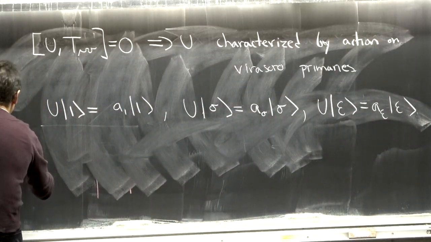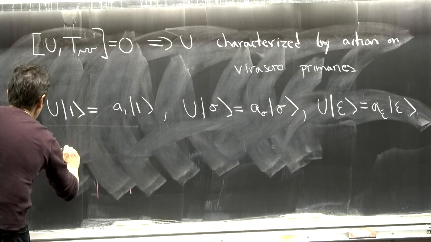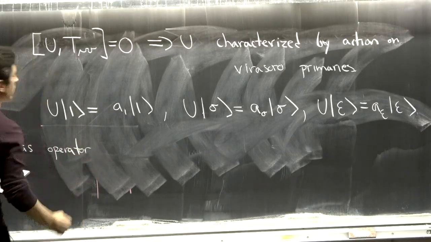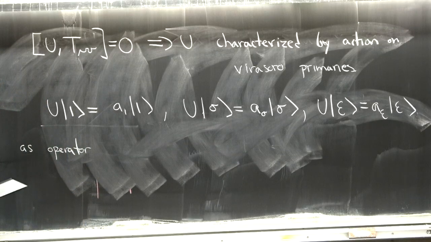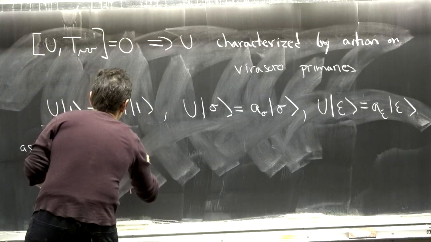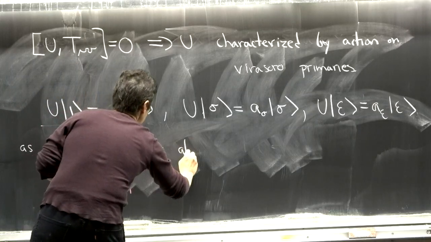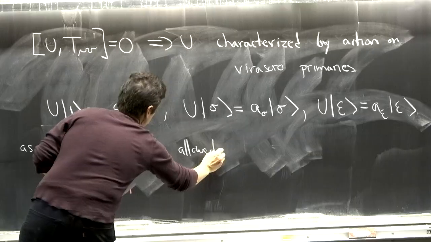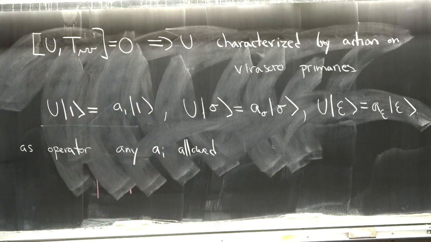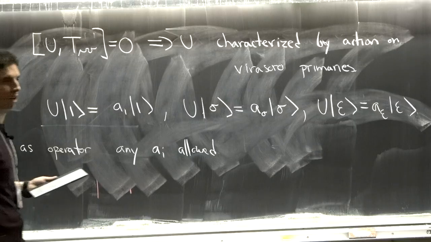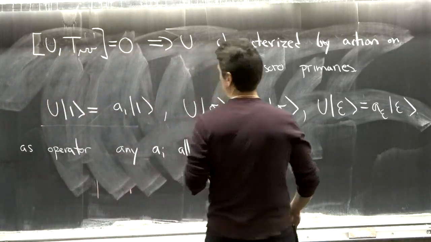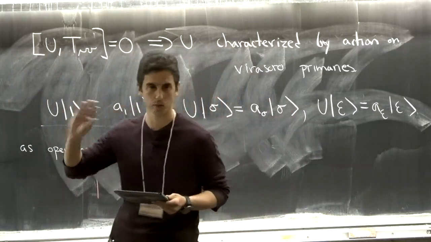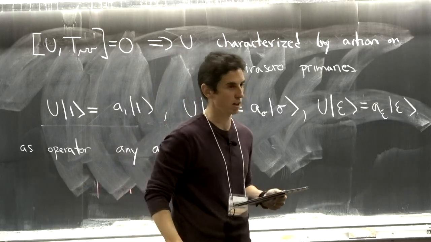As an operator, if I only care about acting at a fixed time, any a_i are allowed. Constraints on the a_i come from thinking about U as defining a twisted sector Hilbert space, a new sector that we're going to talk about now.